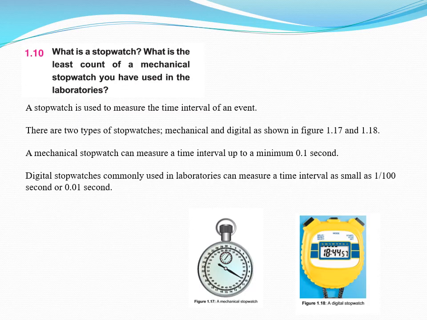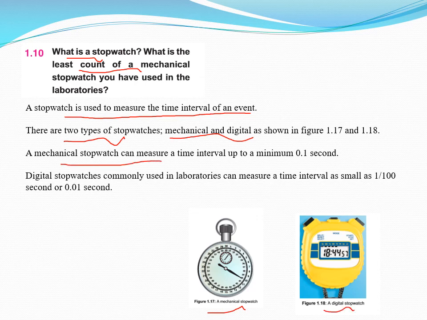Question number 1.10. What is a stopwatch? What is the least count of a mechanical stopwatch you have used in the laboratory? So first of all, what is a stopwatch? A stopwatch is used to measure the time interval of an event. And there are two kinds of stopwatches, as you would study in your course book, mechanical and digital. As shown in the following figures, figure 1.7 is a mechanical stopwatch, and figure 1.8 is a digital stopwatch.